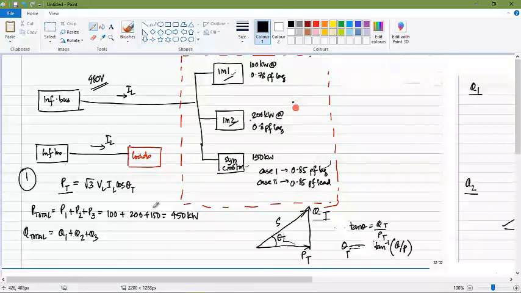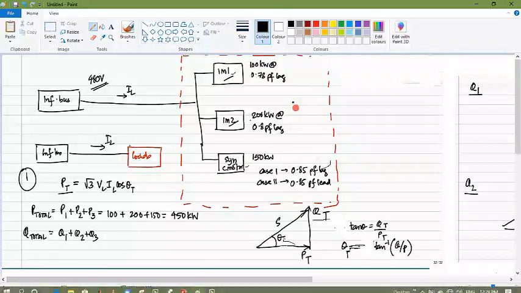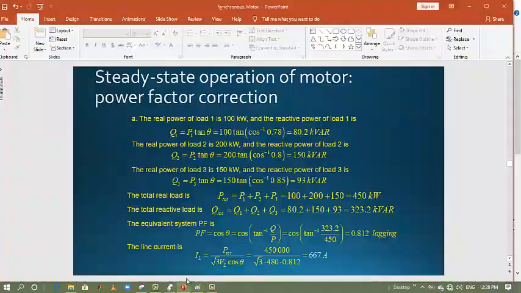That we can substitute into this particular formula and find IL. Using TOA, theta will be tan inverse of the total reactive power over the total real power. So let's see how we did that in our slide.